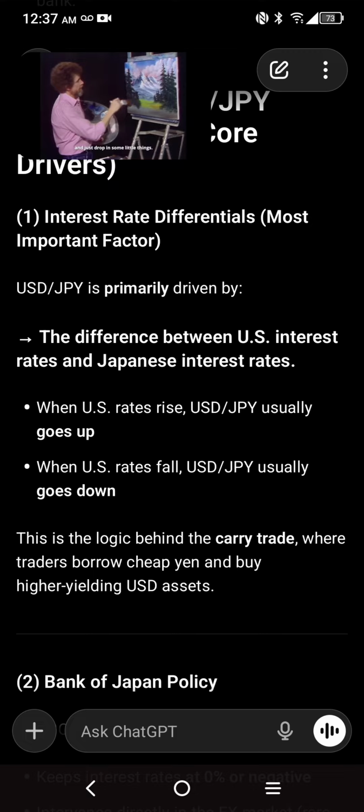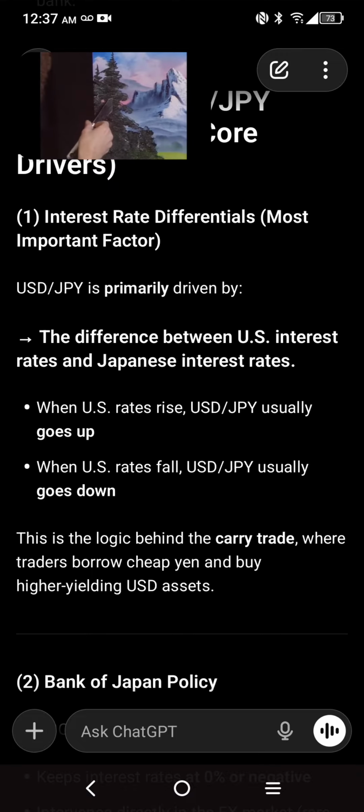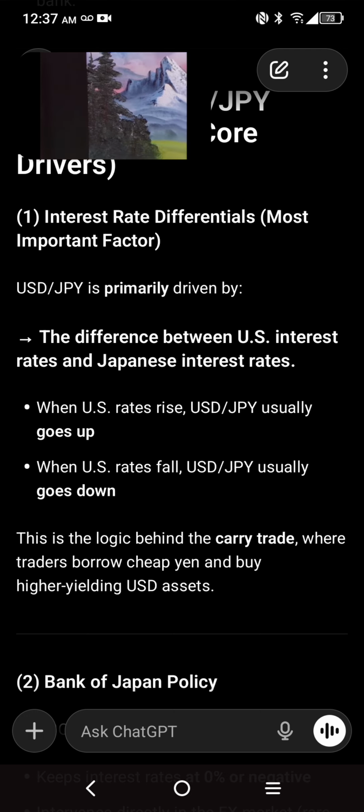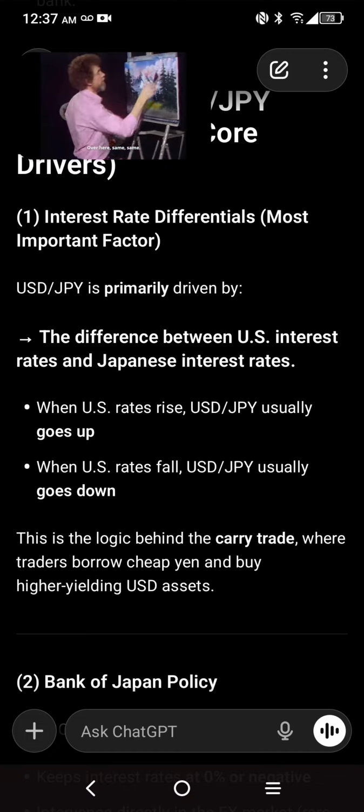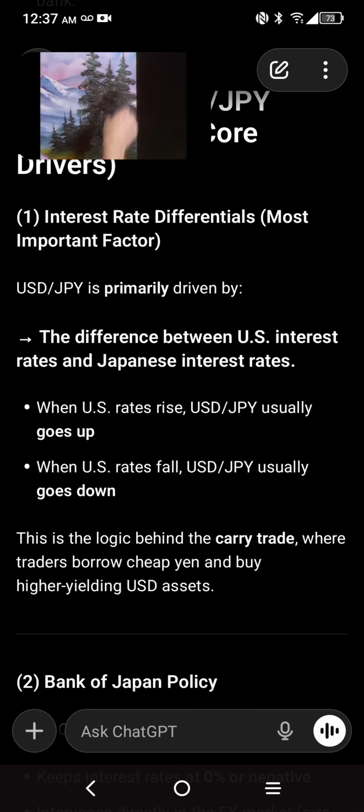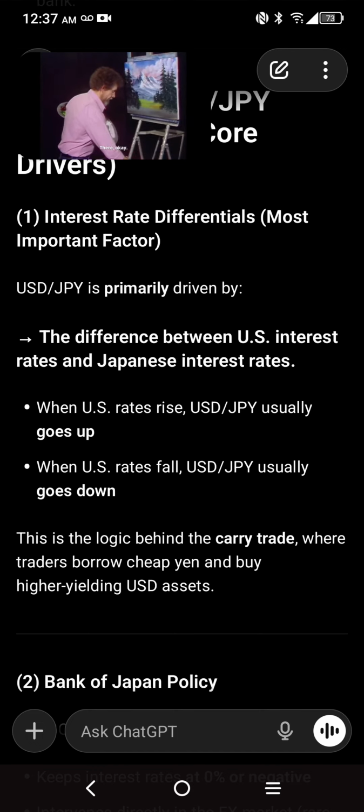So when the Federal Reserve cuts interest rates, and makes your savings accounts and all of these other things that you try to drive your money into to earn a higher percentage yield less attractive, it weakens the dollar. In the scheme of the USD/JPY pair, it weakens the dollar versus the yen.